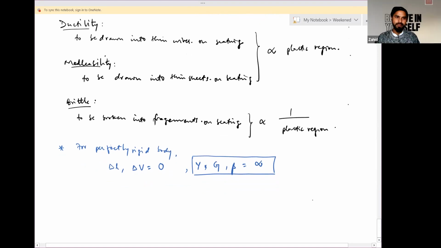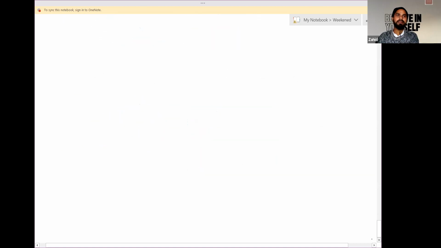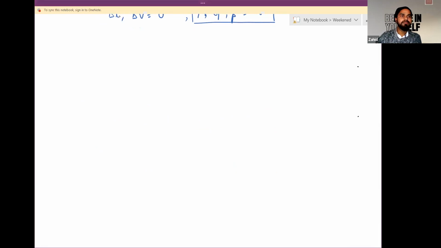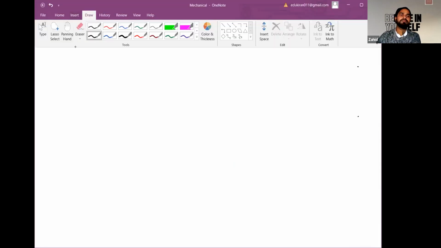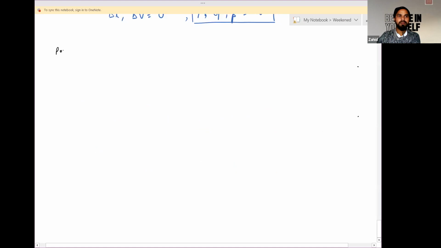Okay. So we had completed till stress strain curve. The next and last part is potential energy stored in a wire.